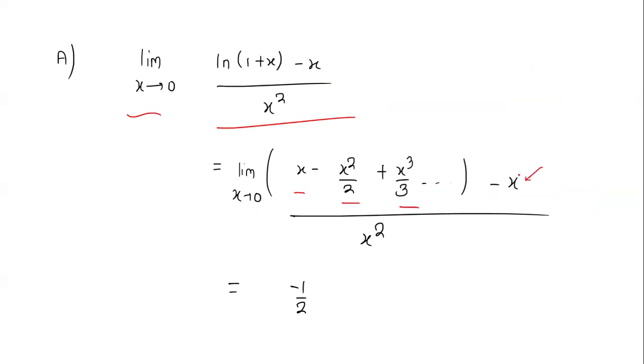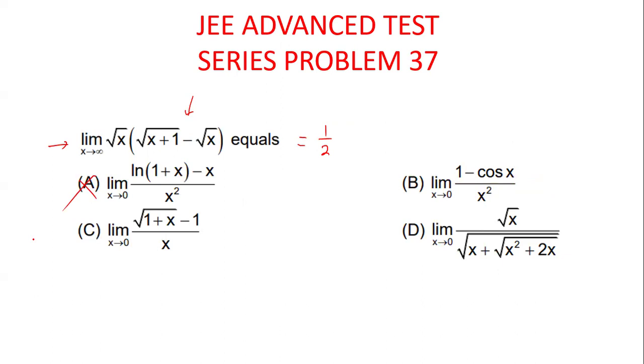And here we have minus x, so this and this will cancel. The x square and x square cancel, and the remaining thing is minus half, and the other terms contain x, so they will be 0. So this limit is minus half, so this option is not correct.